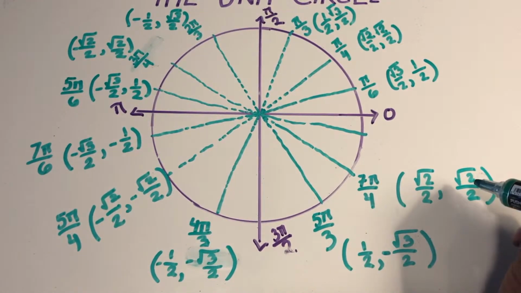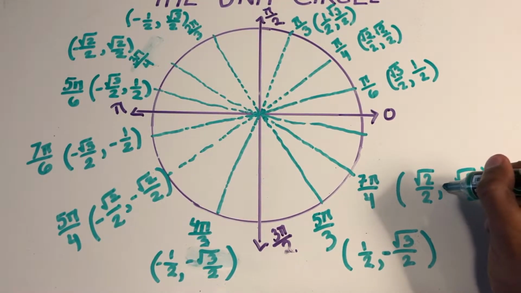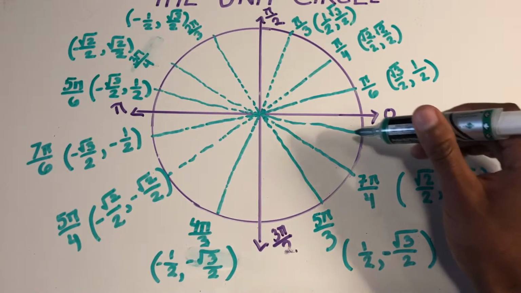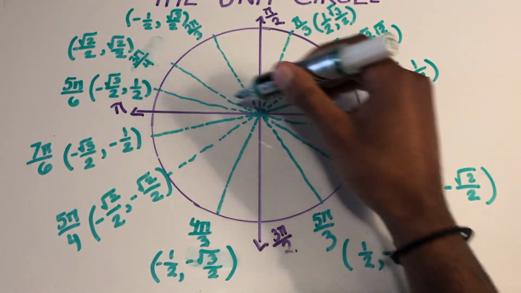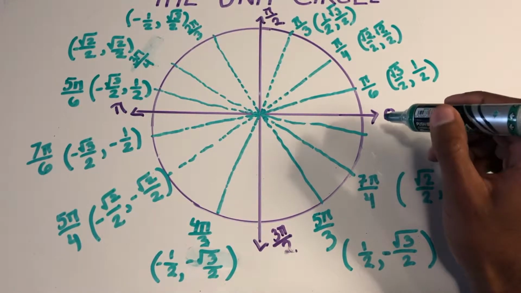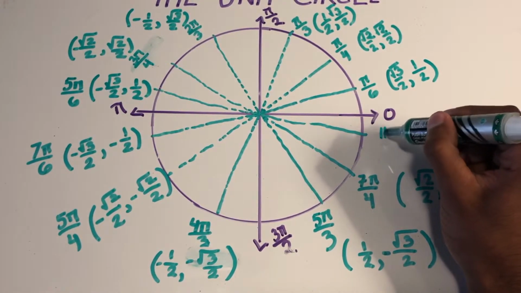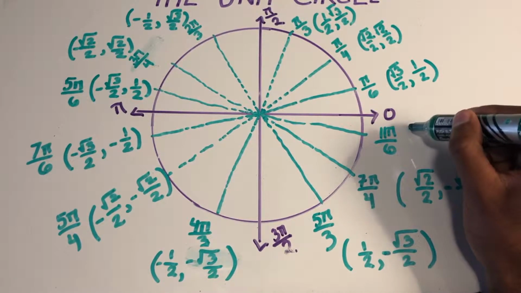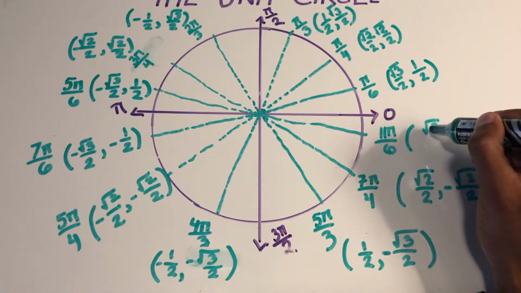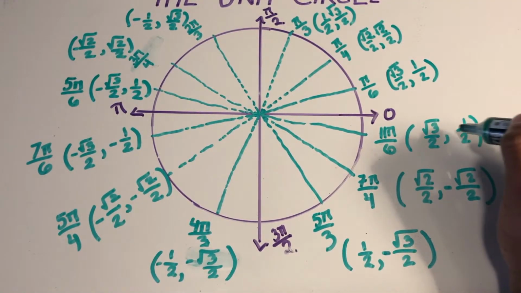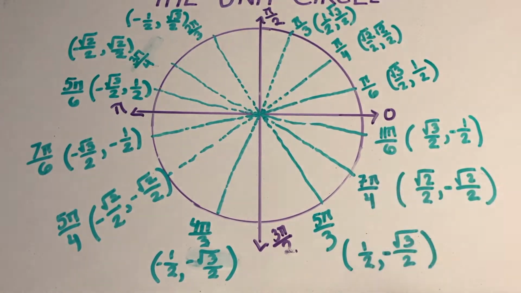However, the x stays positive, the y is negative. For our final line here, we have 5 pi over 6, and if you add pi, you're going to get 11 pi over 6. Corresponding ordered pair is radical 3 over 2 and half. Let's not forget the negative.